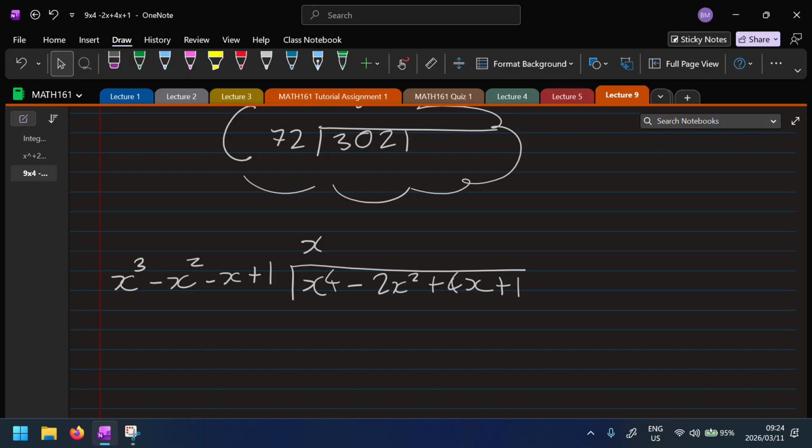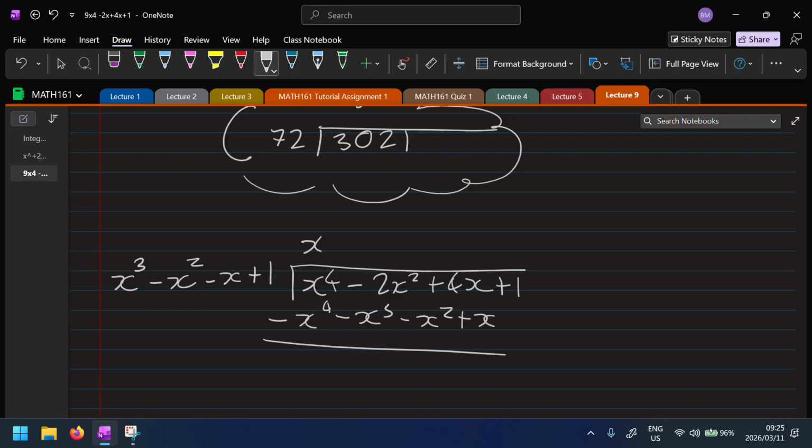But now instead of numbers, instead of like 7 over 3 is 2 remainder 1, it is now x. And what's the next step? We take the top thing, we multiply it by the bottom, and we put it underneath, right? So x times that side thing will then be x to the 4 minus x cubed minus x squared plus x. And then we had to subtract them, right?